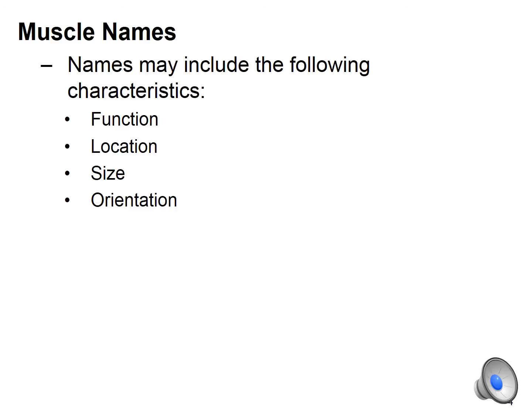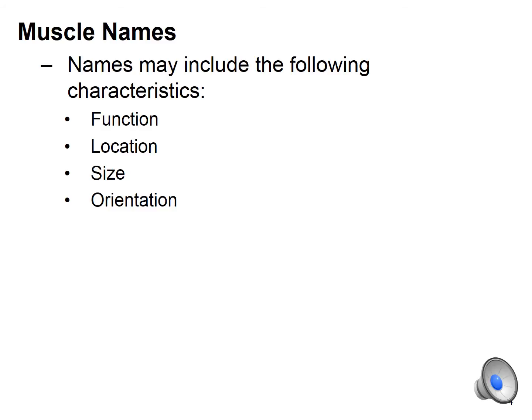So in terms of naming muscles, there's lots of muscles with different names, but if we think about some commonalities among them, it becomes easier to understand their names. So names of muscles can include the following characteristics: their function, their location, their size, and their orientation.